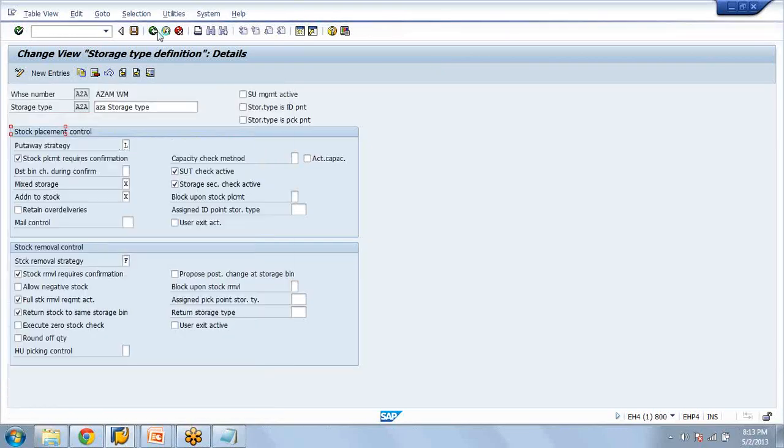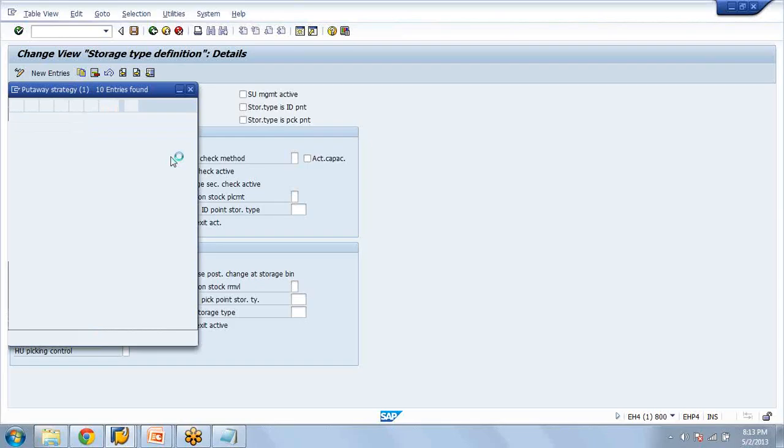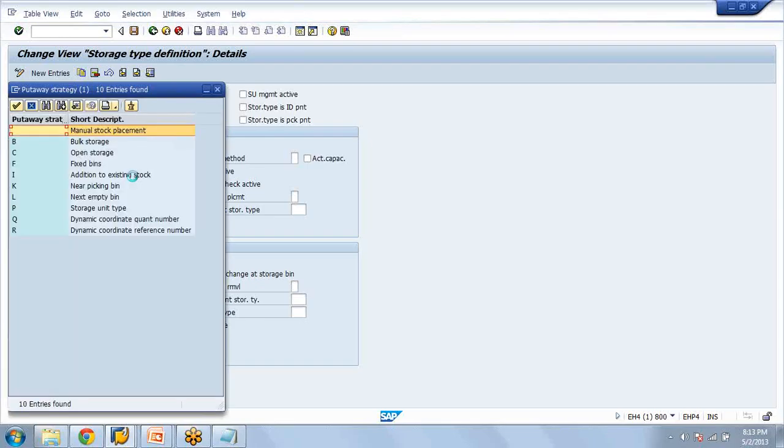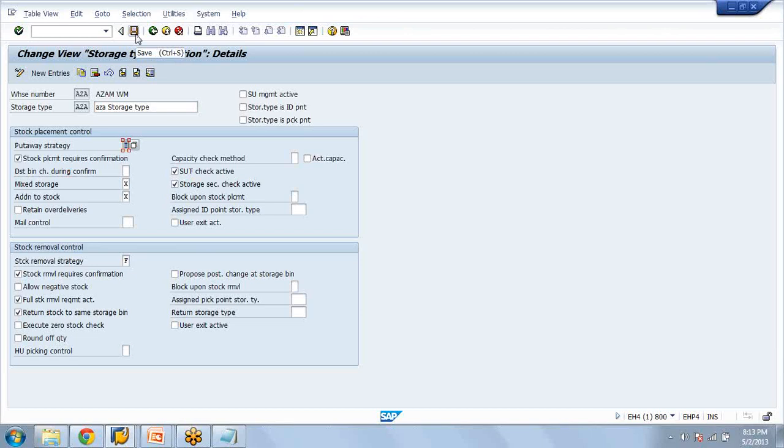So you don't use this next empty bin. So you write this as addition to existing stock. Let's see. If you have a stock, the capacity must be active.